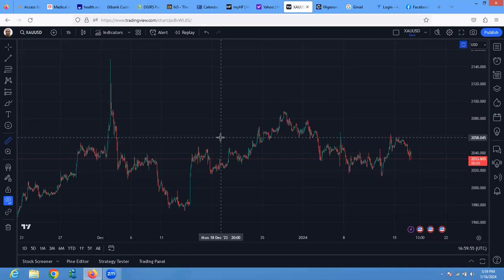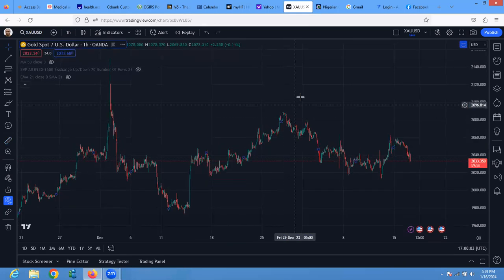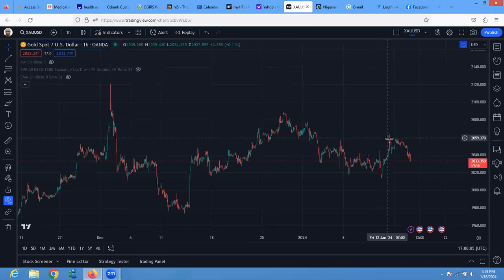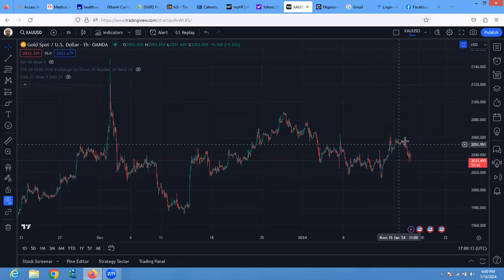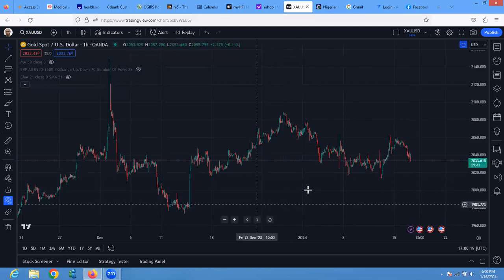Let's say from this level, we should have bagged in about 200 pips. But because there's a lot of momentum and volatility, price was just messing up. I just asked us to close it because this structure is not looking like it's in the middle.